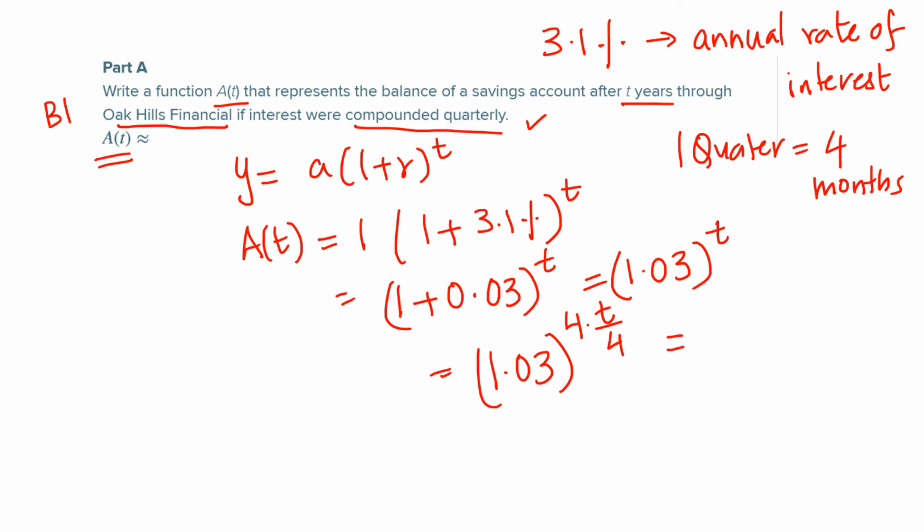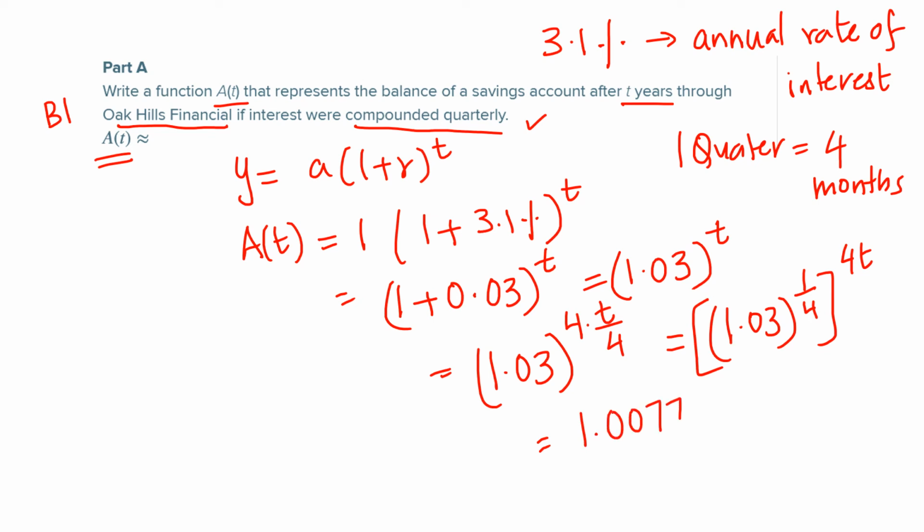So here now I have to isolate 1.031. I take this with the fraction 1 by 4, and 4 multiplied with t is outside. When you do that calculation, this quarterly rate comes out to be approximately 1.0077 and it has a power 4t.